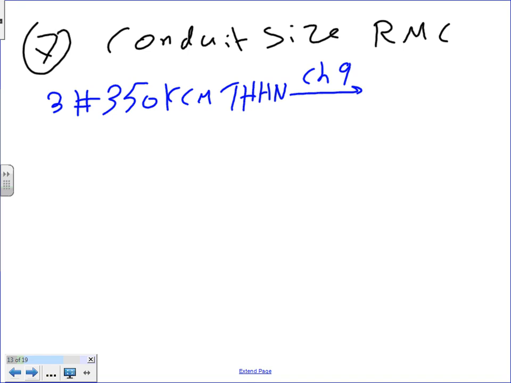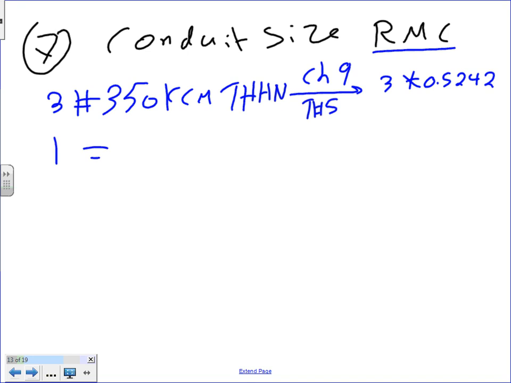I'm sizing the conduit, guys. It's a rigid. And Chapter 9, Table 5. That will get you 3, and you multiply by the cross-sectional area of 0.5242. Correct me, Chris, if I'm wrong here.